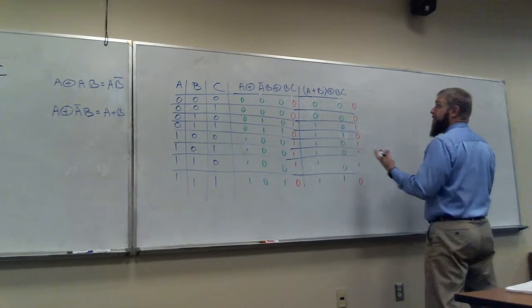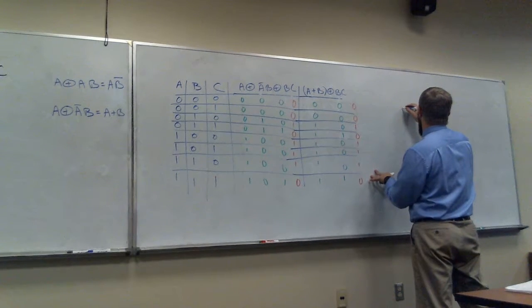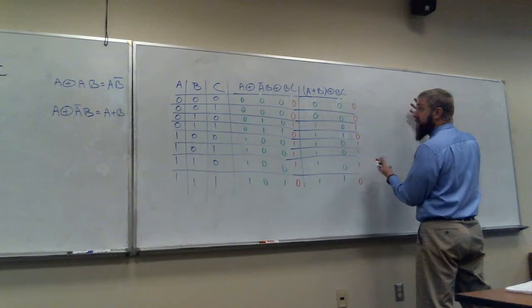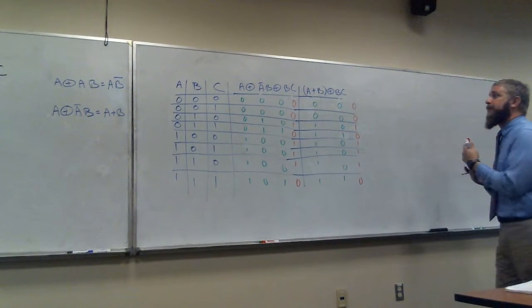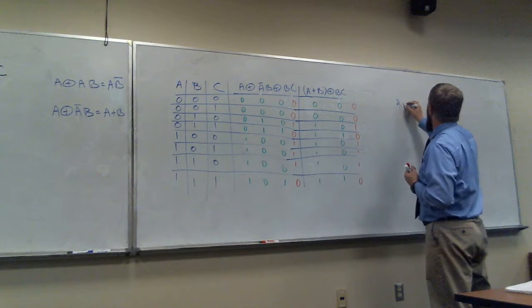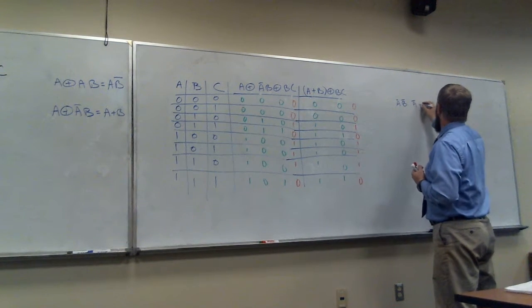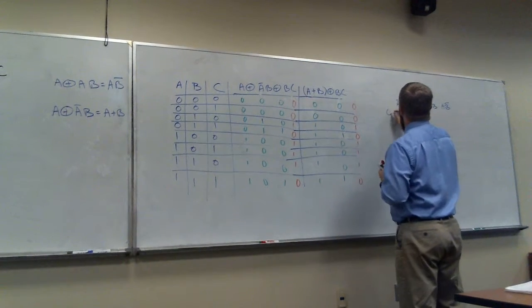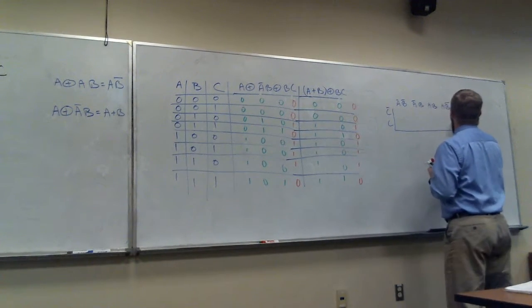So that checks out, but if I want it just in terms of ANDs and ORs, now I can take any truth table, including ones that involve exclusive or, and put it into a Karnaugh map. We only have 3 variables: A not B not, A not B, A B, A B not, C, not C. Let's see.